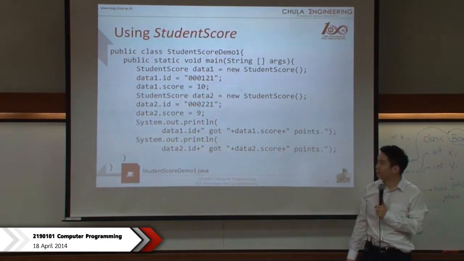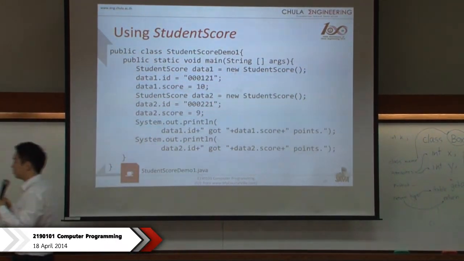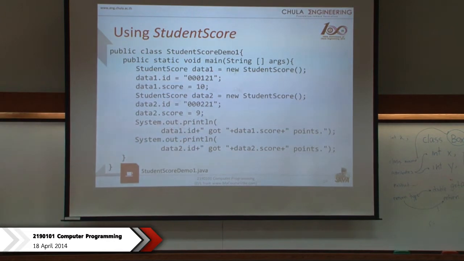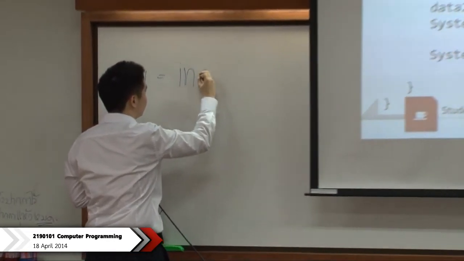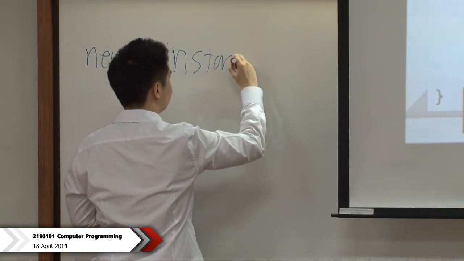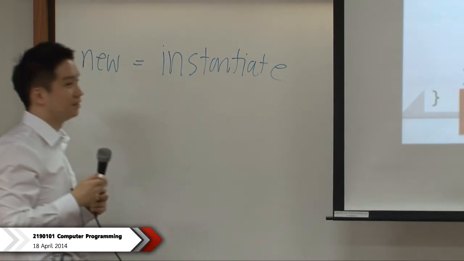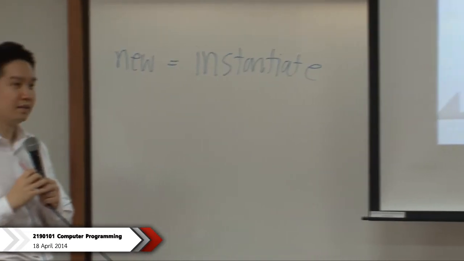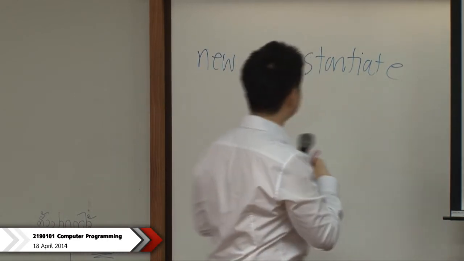Yes, well, the keyword I'd like you guys to all remember. Every time you see the word new, I want you to think of this word. Instantiate. You are creating a new object.